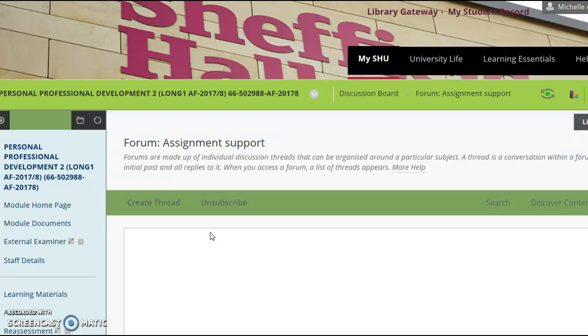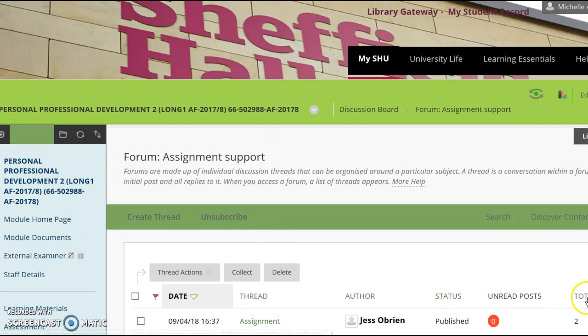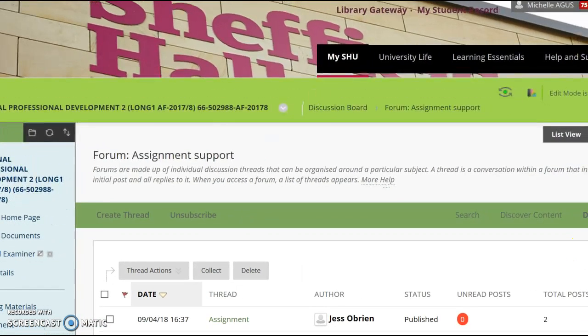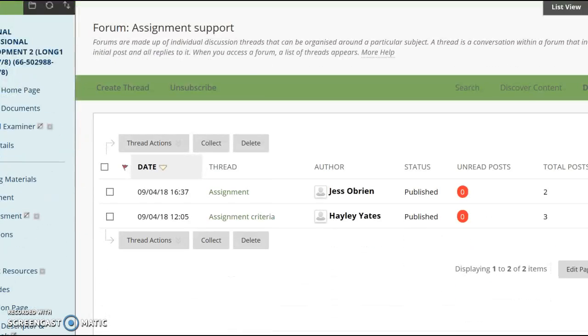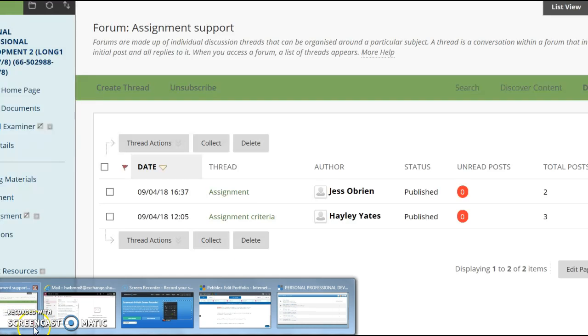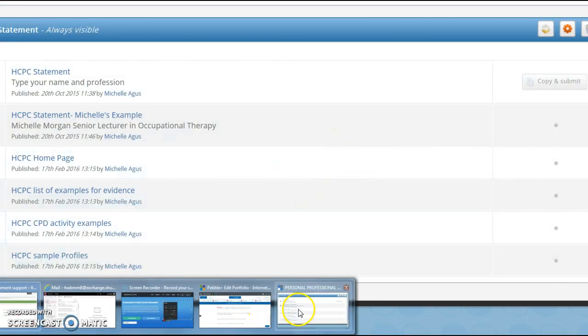So you can write any questions or queries on there, and we've had a few already actually, and even if you don't write anything, you can go in and have a look at what people have written and what our responses have been. Please do this rather than email, because it's very hard when we're responding to individual emails, and usually you're asking the same things. So discussion boards are a far more effective way of dealing with queries.